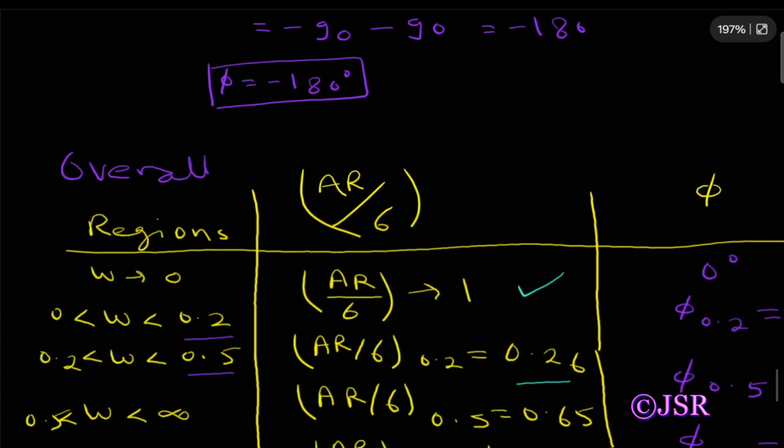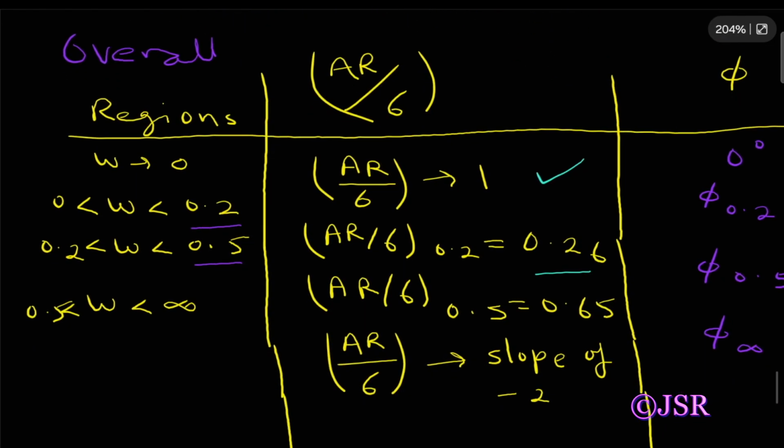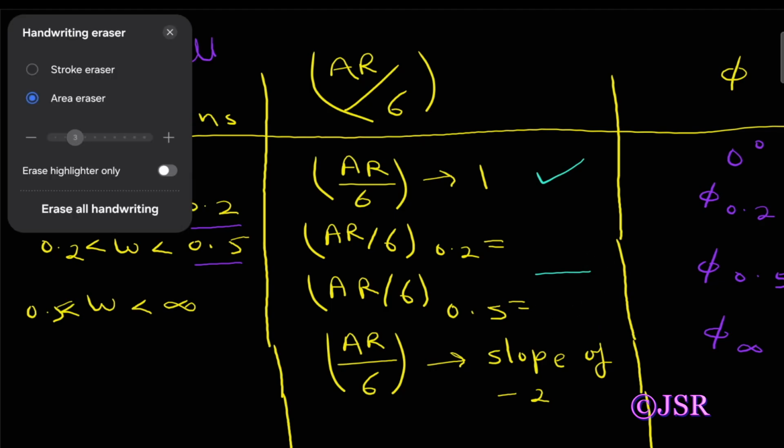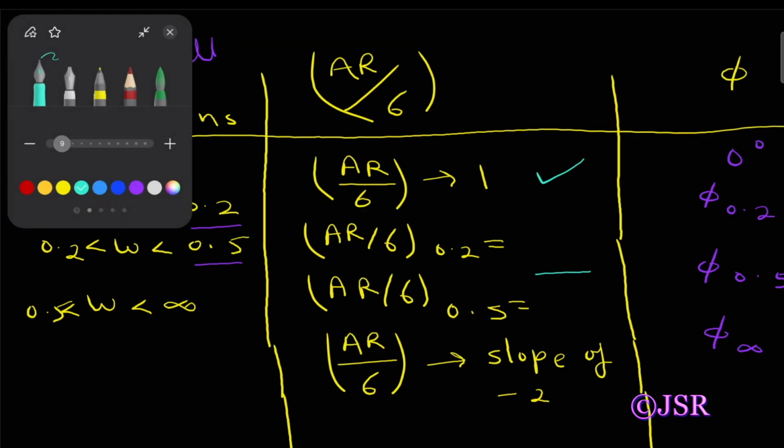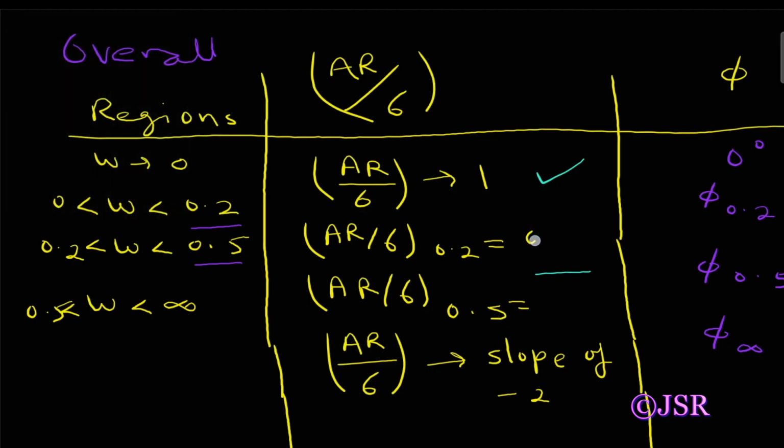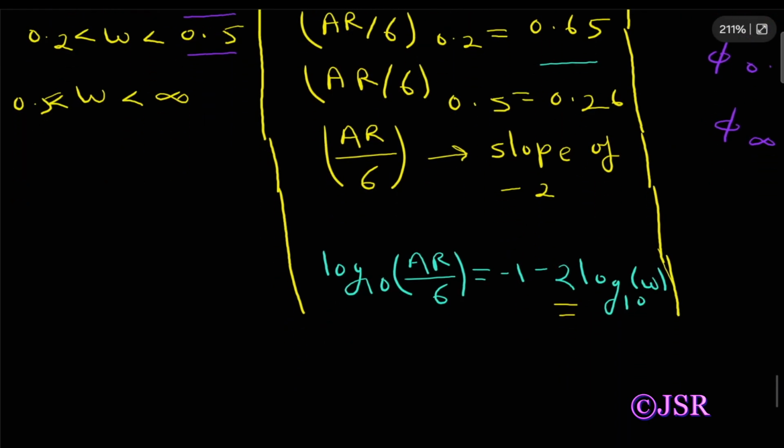So this is just reverse. So this is 0.65, this is 0.26. So at 0.2 we have 0.65, and when omega equal to 0.5 we have AR by 6 equal to 0.26.